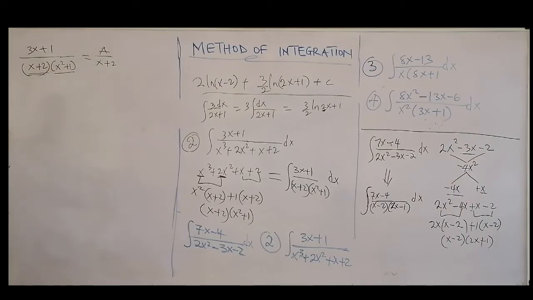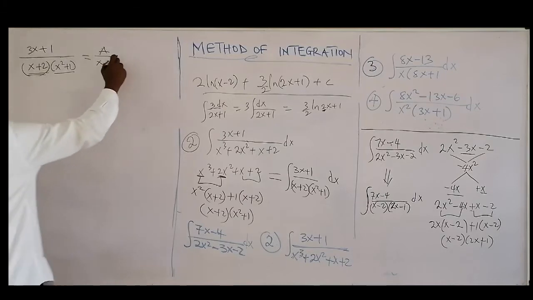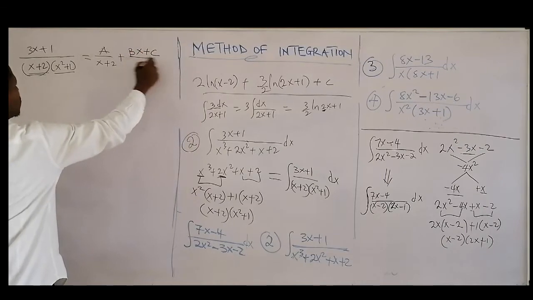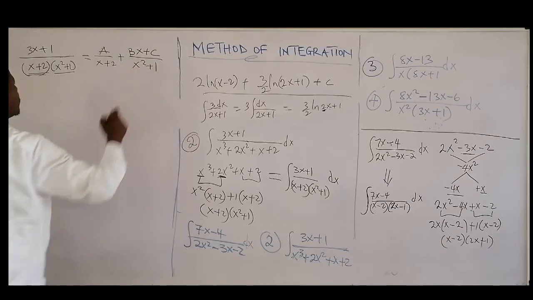This one is not linear, it's quadratic, which cannot be turned into linear factors, so this will be (Bx plus C) over (x squared plus 1).